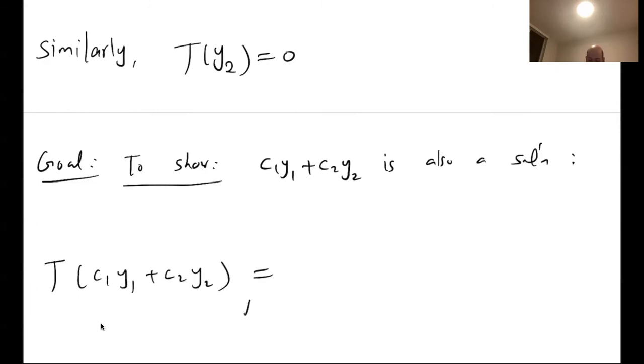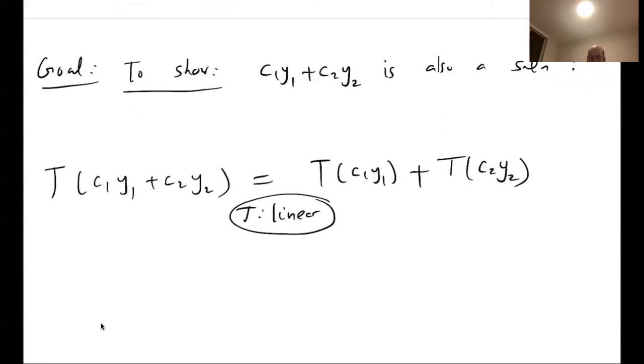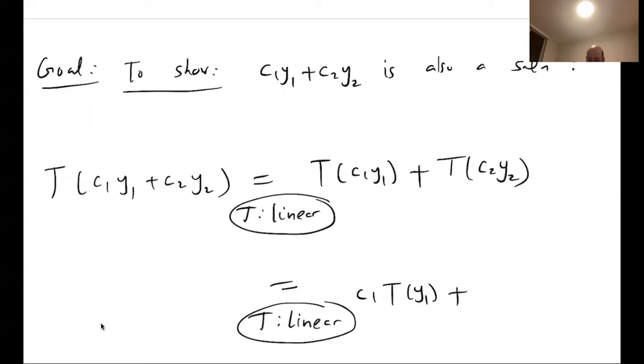So because T is linear, I can write this one as T of C1 y1 plus T of C2 y2. And T of C1 y1, again, because T is linear, I can write it as C1 T of y1 plus C2 T of y2.